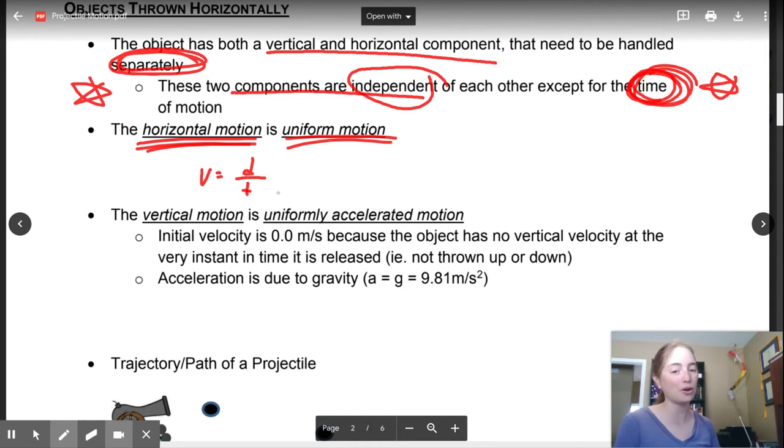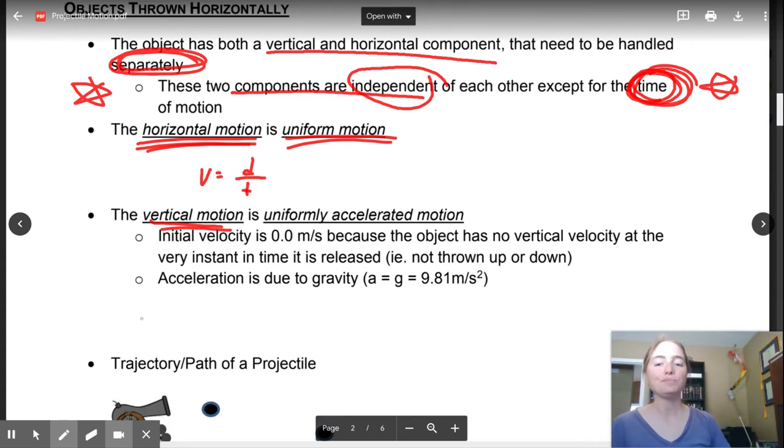That is the equation you're going to use for your horizontal math. Nothing else, and only on the horizontal. The vertical motion, that vertical portion, when we throw a ball horizontally, well, notice the ball is still accelerating downwards. It's moving this way as well as this way, so that's why we get that curve.